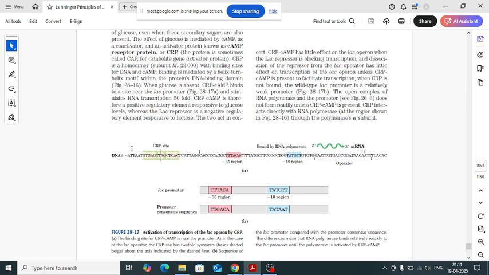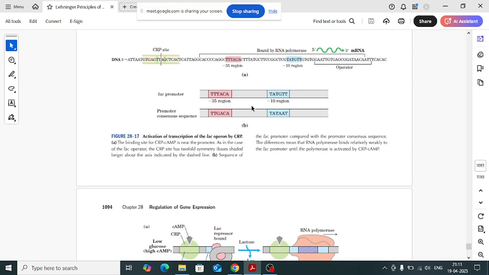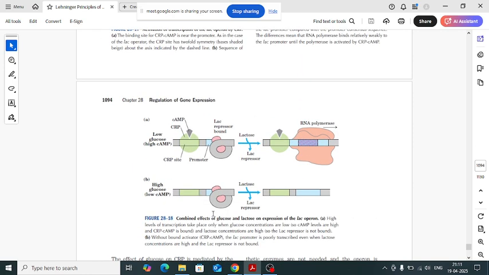And upstream there is a CRP site, the cyclic AMP receptor protein, as we saw. Now we'll see how this CRP site helps to regulate the lac operon. For that we'll see the combined effect of glucose and lactose on expression of the lac operon.